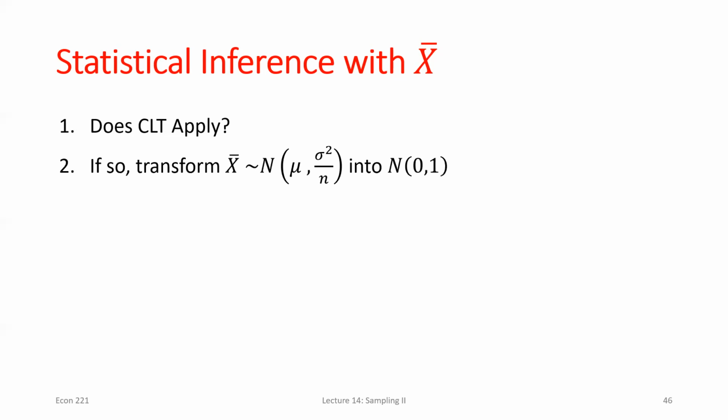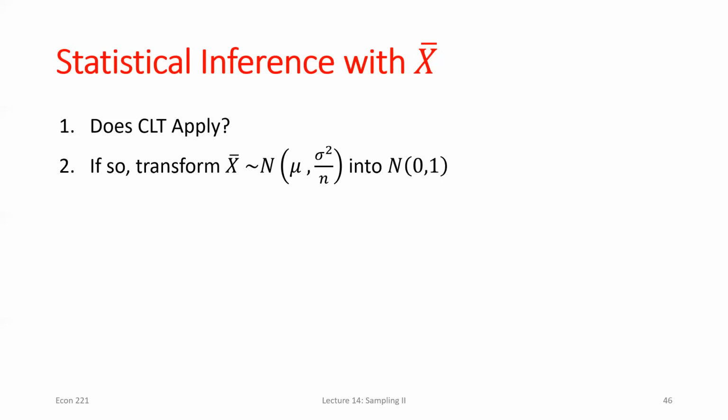So if I get a sample size over 30, I know that my sample means should be normally distributed. The mean of my sample means should be whatever the original population mean was. And the variance of my sample means will be the original variance of the data that I sampled from divided by my sample size. Well, now that I have this normally distributed variable, I can convert it into a standard normal distribution.